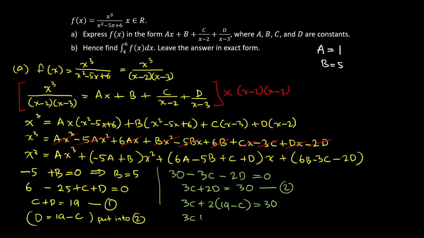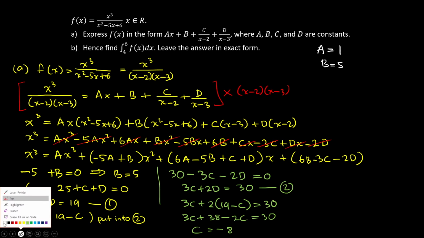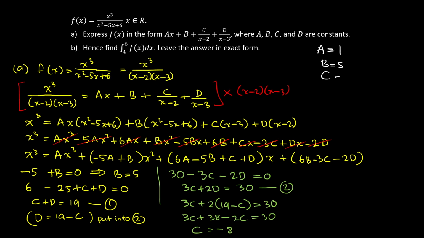So 3c plus 2 times 19, that is 38, minus 2c is equal to 30. 3c minus 2c is c, equal to 30 minus 38, which is minus 8. So c is equal to minus 8.